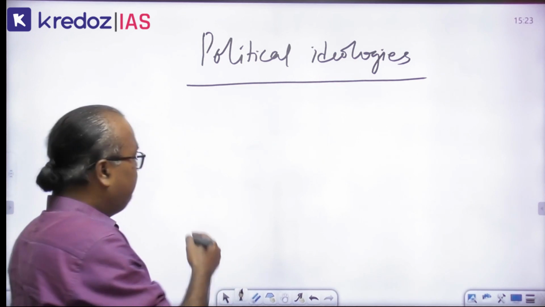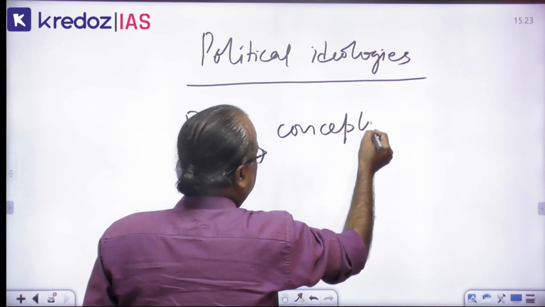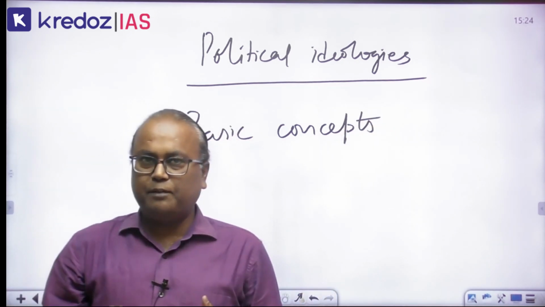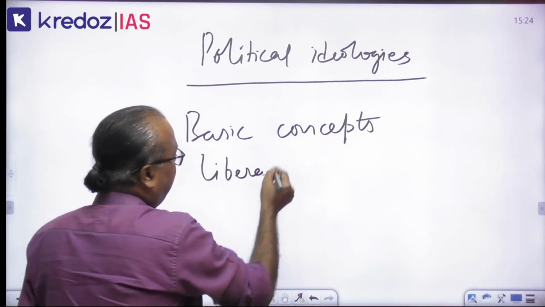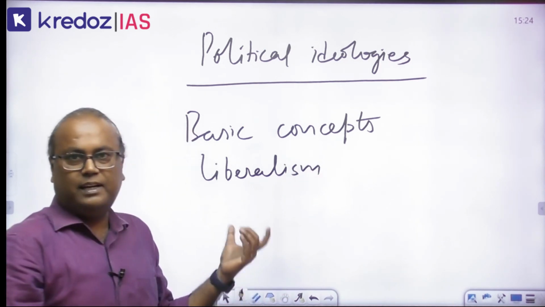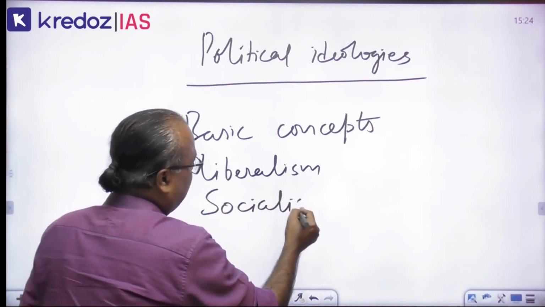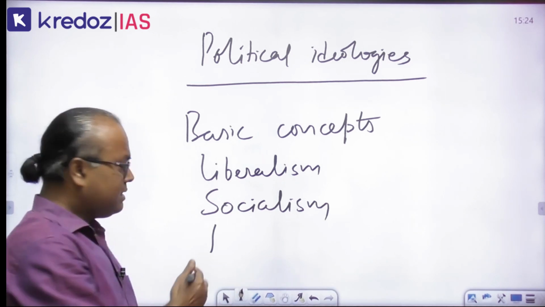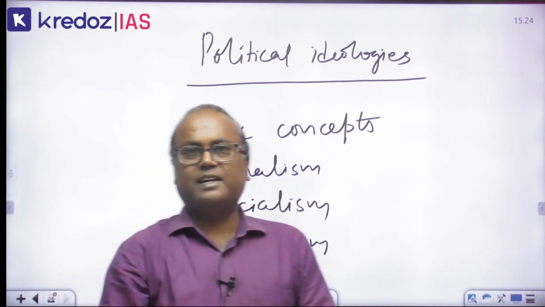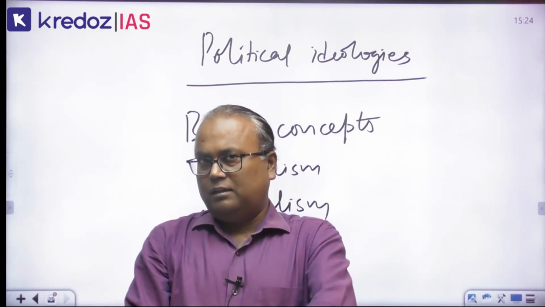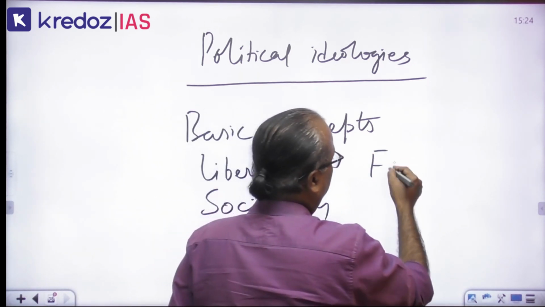Some of the basic concepts. After the basic concepts, you have to understand what is liberalism. Once you understand liberalism, you will understand socialism, and then last here is Marxism. After Marxism, we will move towards the political ideology called fascism.